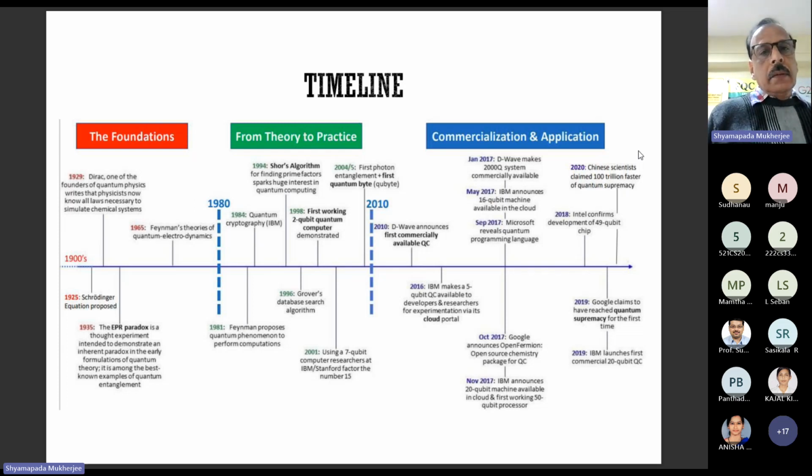Then the first working quantum computer was constructed. In 2019, IBM launched its first commercial 20 qubit quantum computer. But in 2023, most probably I have heard that a 1000 qubit computer has been developed by either IBM or Microsoft or something like that.